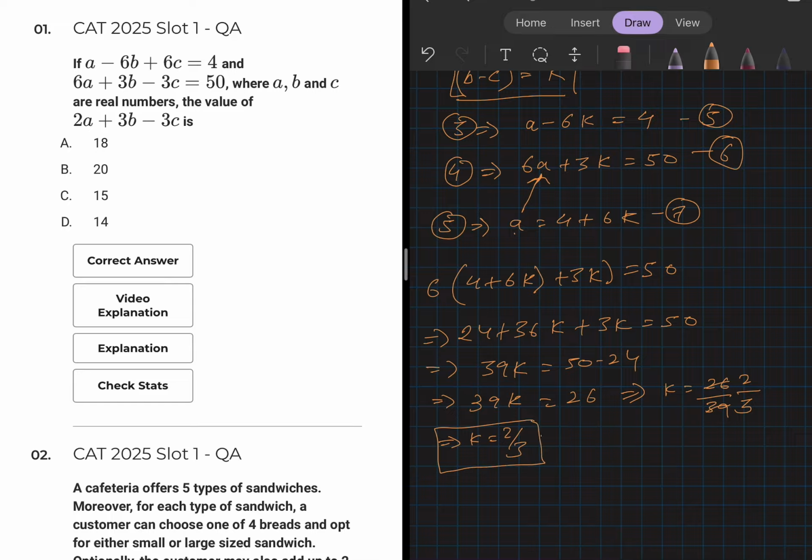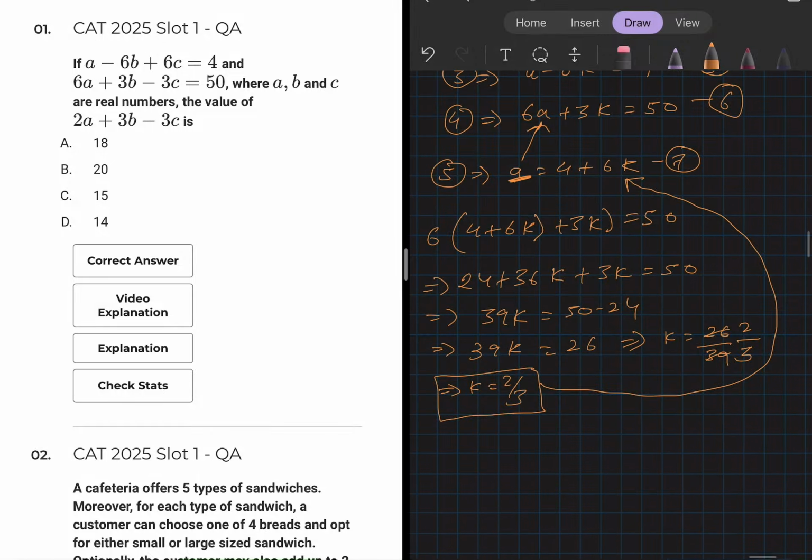Now if we plug this value of k back in this equation, we'll get the value of a. So equation 7 implies a equals 4 plus 6 times 2 by 3. So cancel this, we get a equals 4 plus 2 times 2, which is 4 plus 4 equals 8.